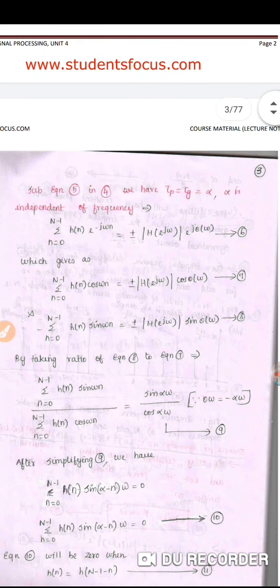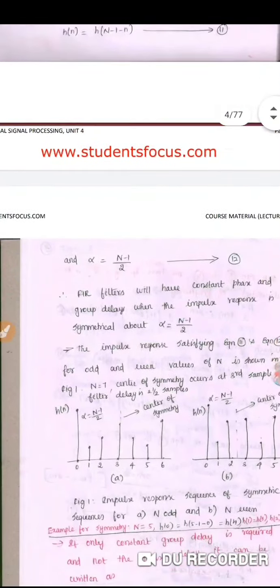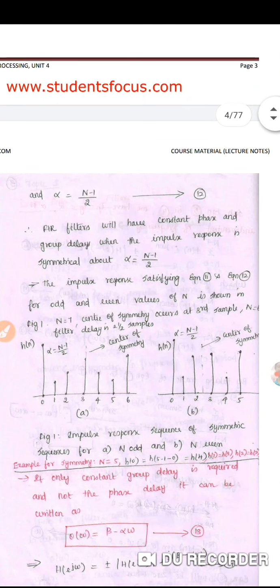If you take phase delay and group delay equal to alpha, which is constant, that means independent of frequency, then we have seen a derivation for that alpha.